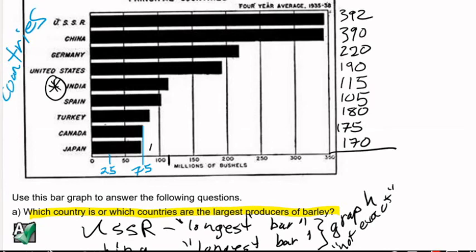All right, so let's check what's the total, because remember I asked you for the total amount that's there. So total them all up on your calculators. Plus 190 plus 115 plus 105 plus 180 plus 175 plus 170, and we get about a total of 37.